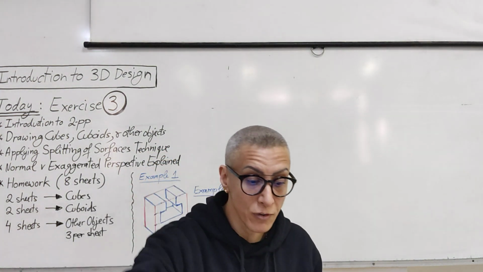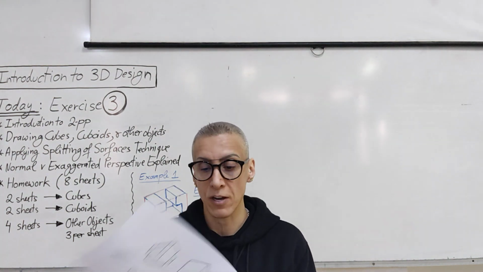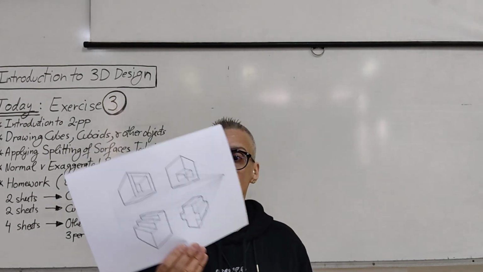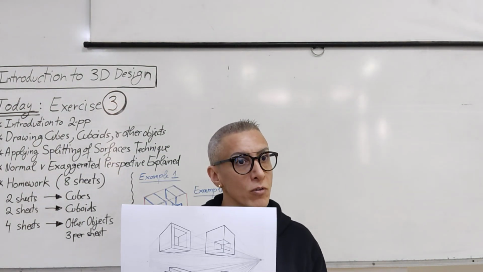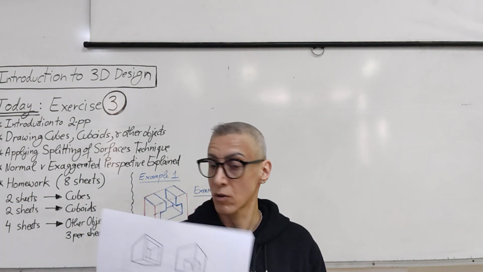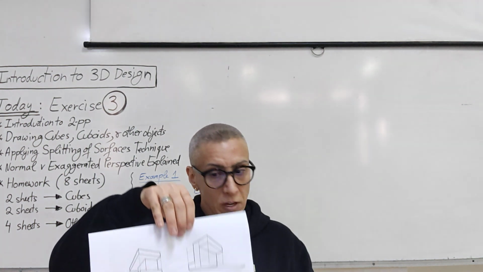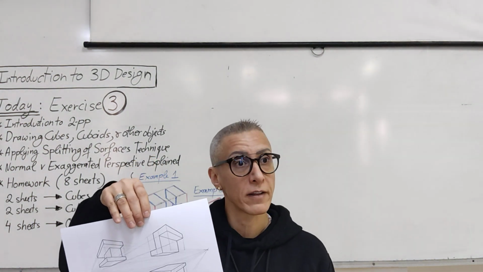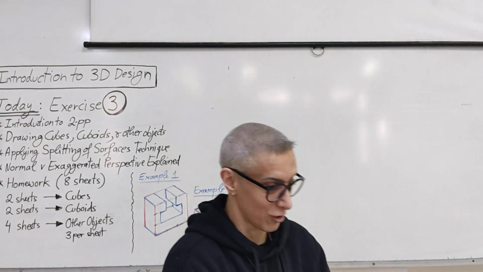But to draw such objects, you need to use the splitting of the surface methods to find center points, and to find other points you need, to look correct. So there is a lot actually. And each of these objects can actually become a design of something in the future.